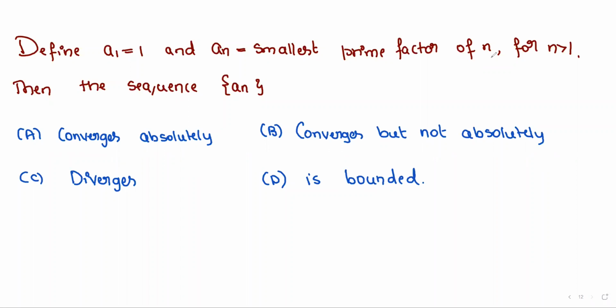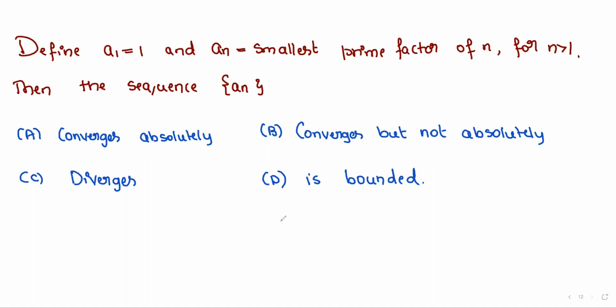Next question. Define a1 equal to 1 and an as the smallest prime factor of n for each positive integer n greater than 1. Then the sequence an: option A, converges absolutely; option B, converges but not absolutely; option C, diverges; option D, is bounded.